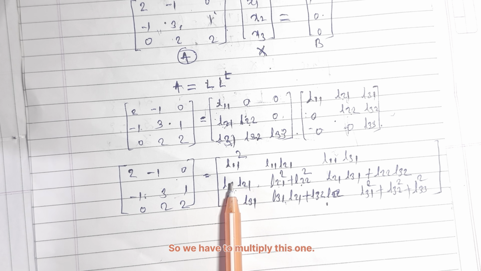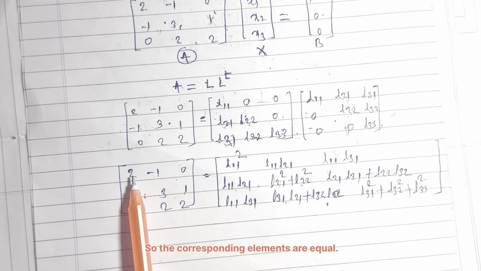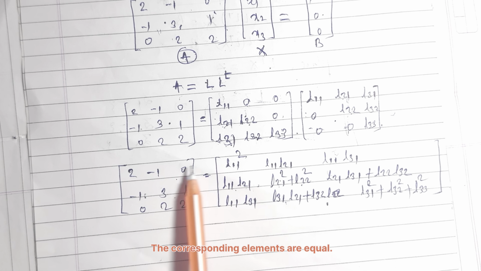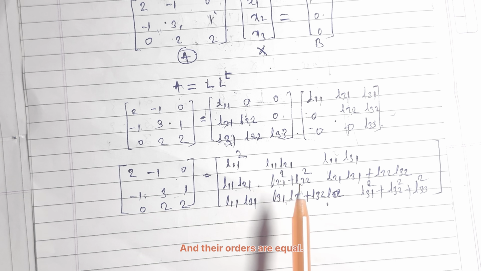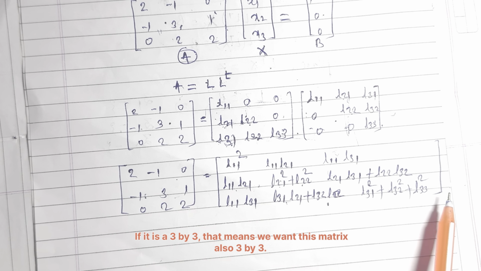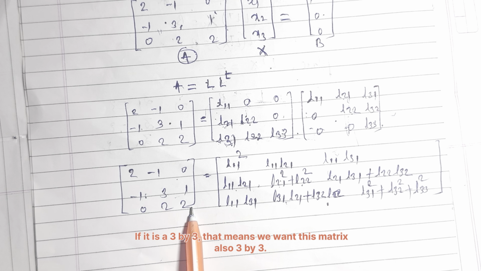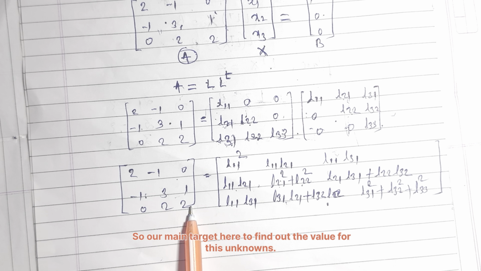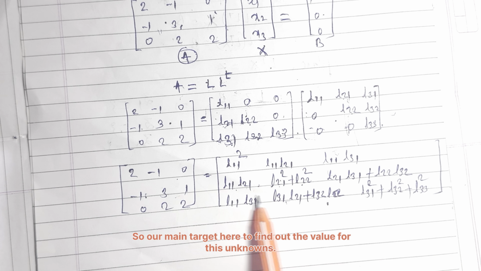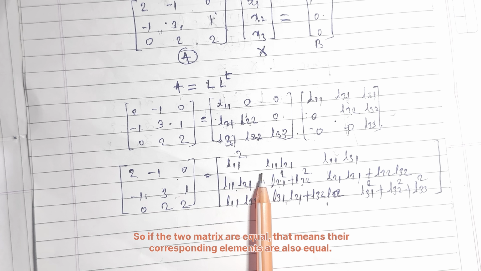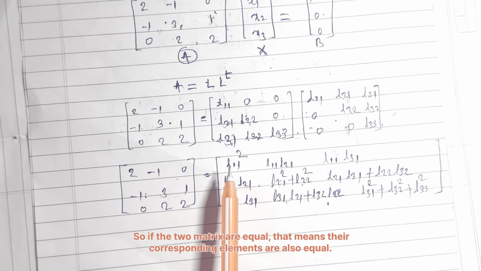We have one condition: if two matrices are equal, their corresponding elements are equal, and their orders are equal. If it is a 3 by 3, we want this matrix also 3 by 3. Our main target here is to find the values of these unknowns.